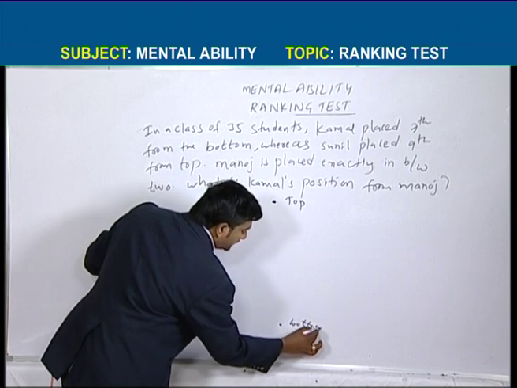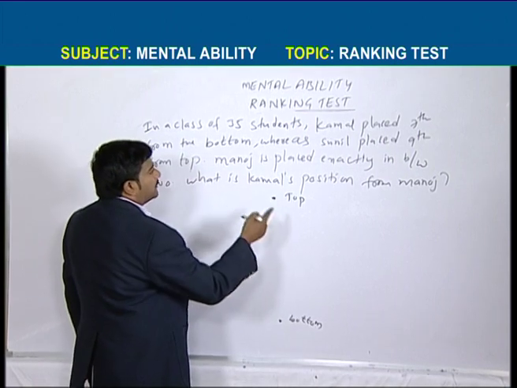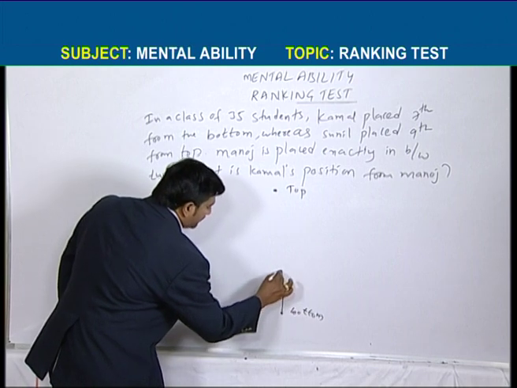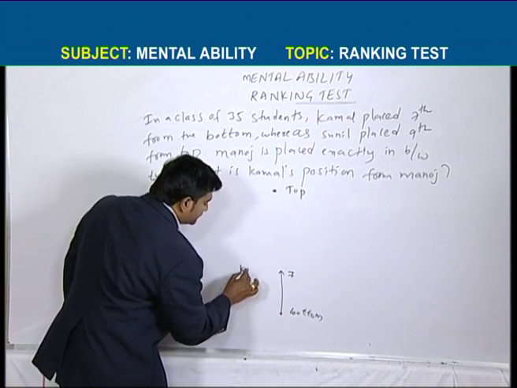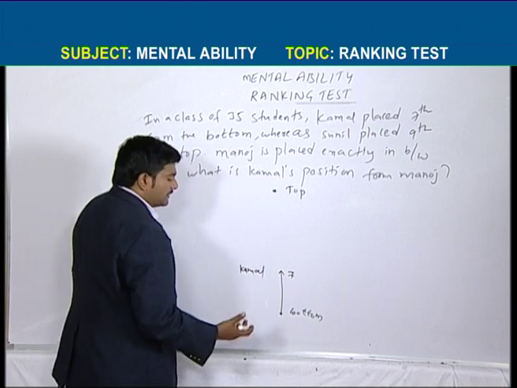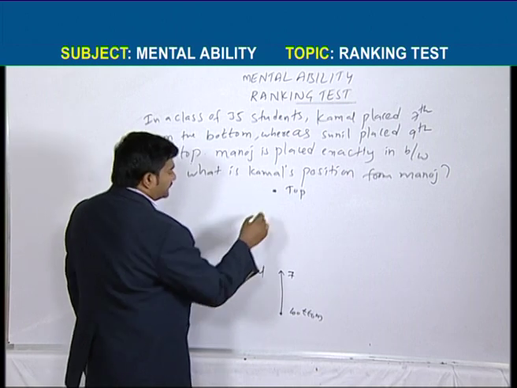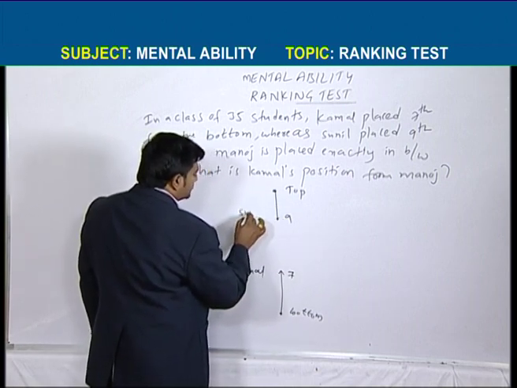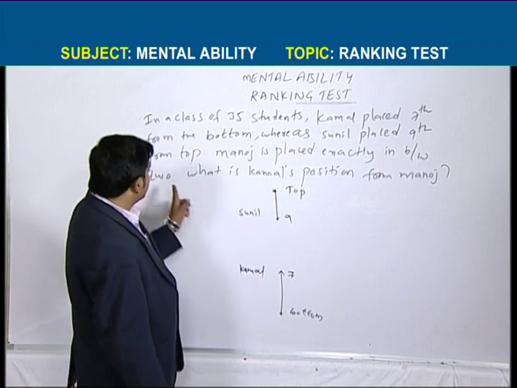So Kamal is 7th from the bottom, and Sunil is 9th from the top.